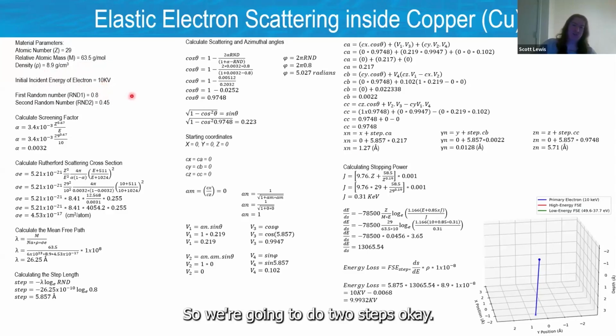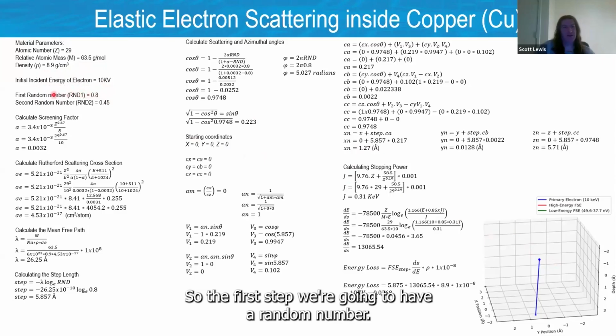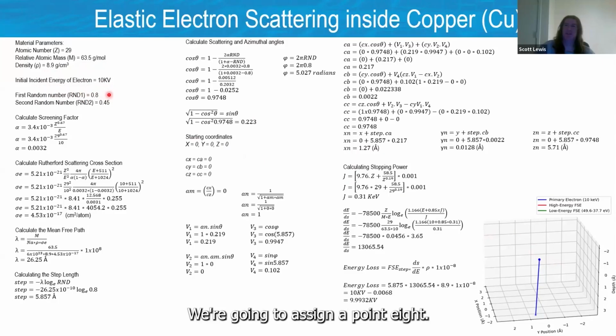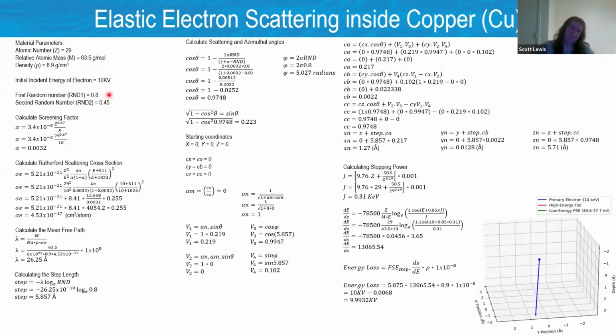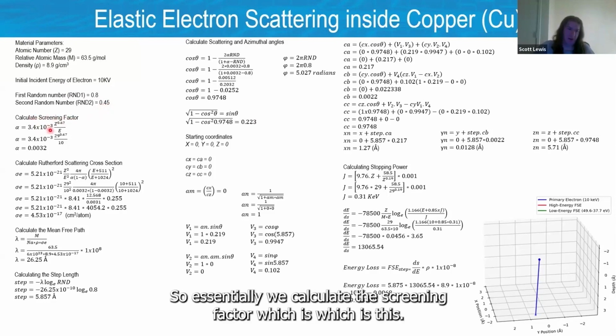So we're going to do 2 steps. For the first step, we're going to have a random number. We're going to assign it 0.8. The random number is a number, maybe I should have said this before, between 0 and 1. And the second is 0.45. Essentially, we calculate the screening factor, which is this.